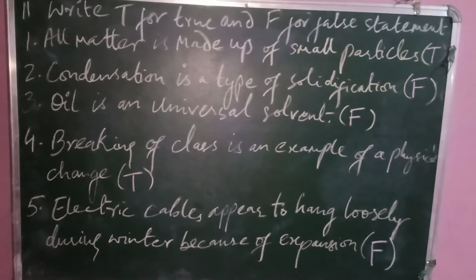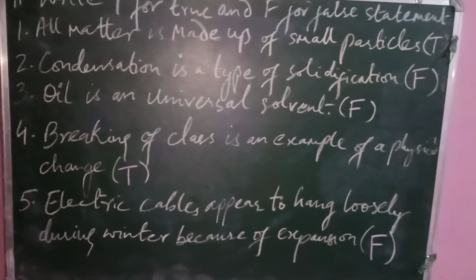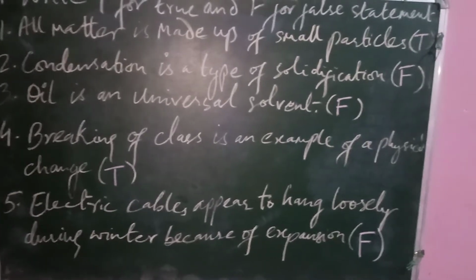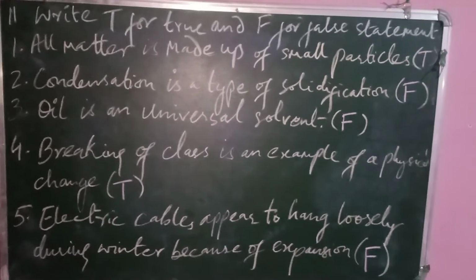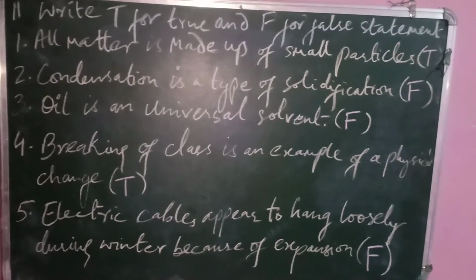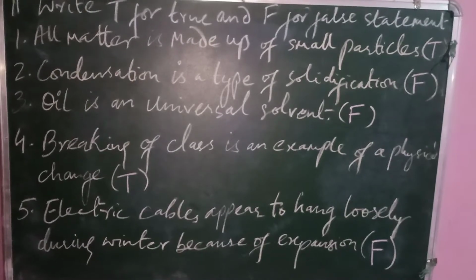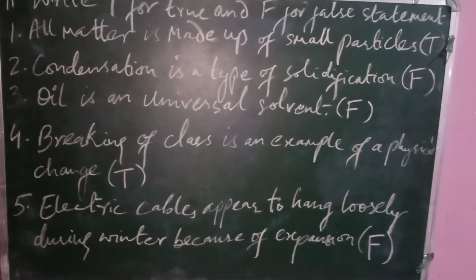Oil is a universal solvent is also a false statement. Breaking of glass is an example of physical change, so it is a true statement. And question 5, electric cables appear to hang loosely during winter because of expansion, so it is a false statement.